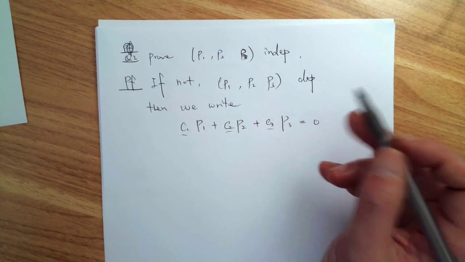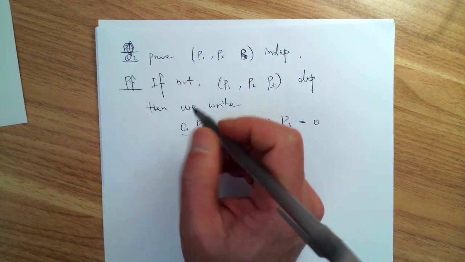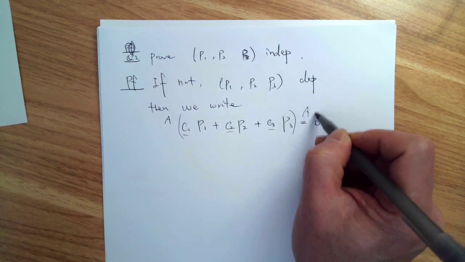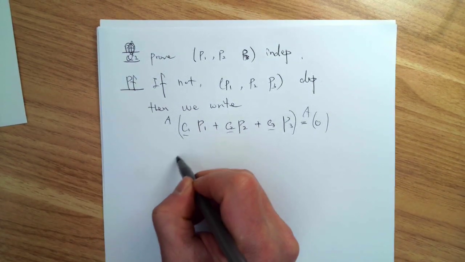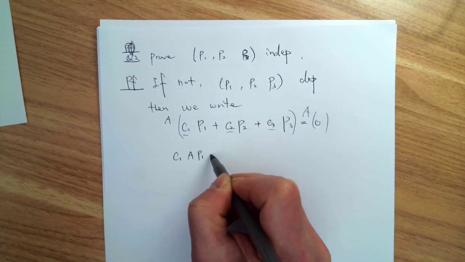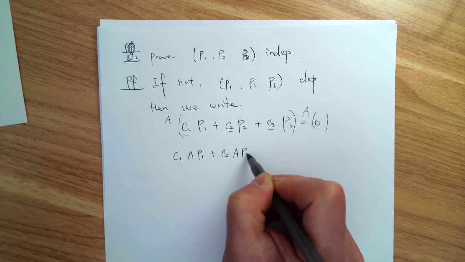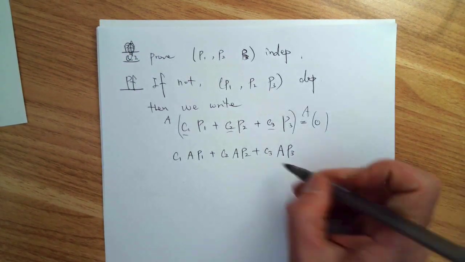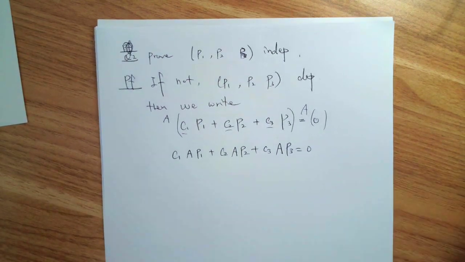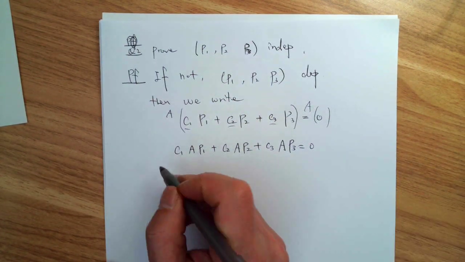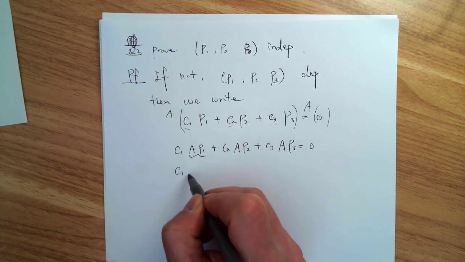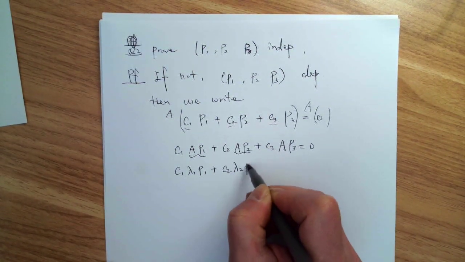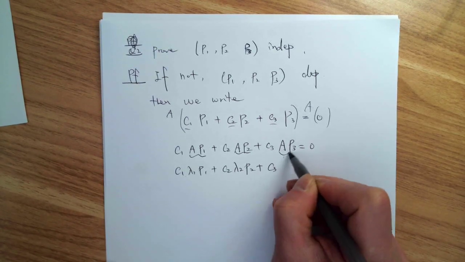So what we do is we apply A to both sides. A times the whole thing, A times 0, which means we have C1 AP1 plus C2 AP2 plus C3 AP3 equals A times 0, which is 0. Now, because AP1 is lambda 1 P1, we just write whatever is given from the eigenstructure.